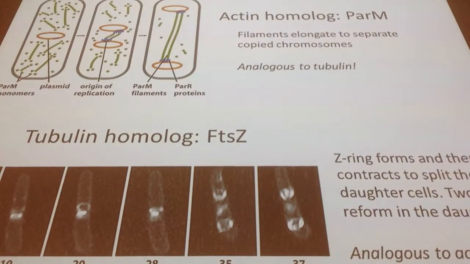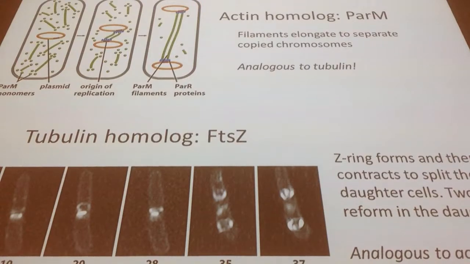In the eukaryotic cell, the chromosome is moved through assembly and disassembly of the microtubule, and the pinching of the cell is through the activity of microfilament. In the prokaryotic cell, you have the same functions: movement of the chromosome, similar to the function of microtubule, and the pinching off of the cell, similar to the function of microfilament.